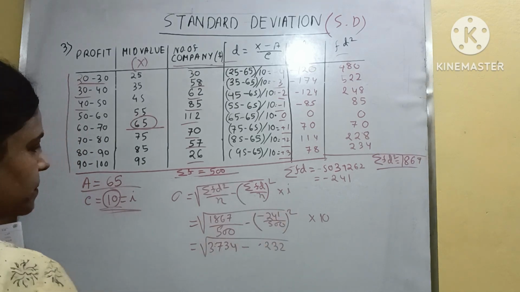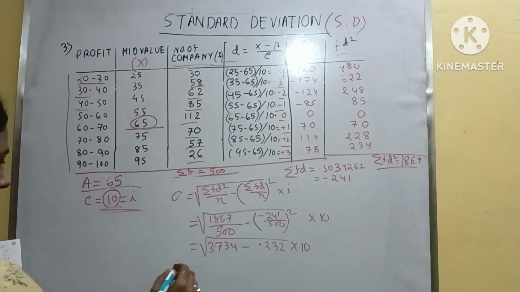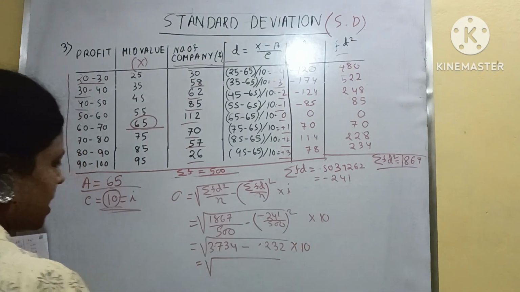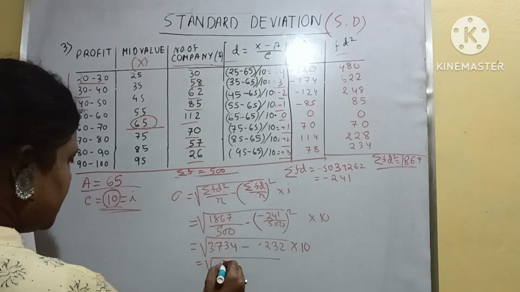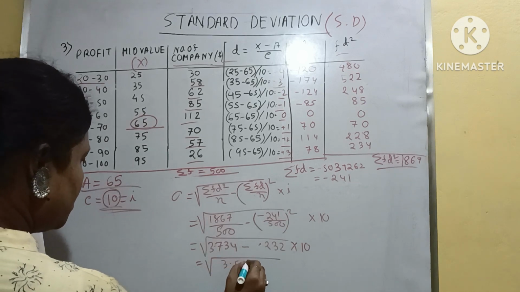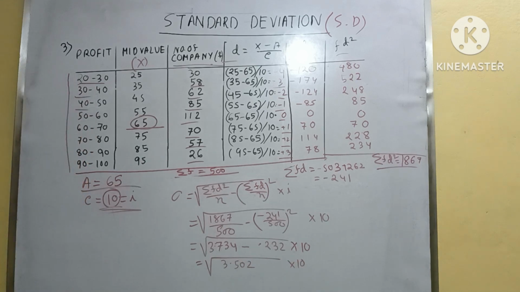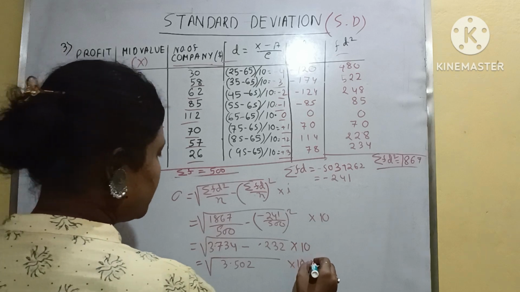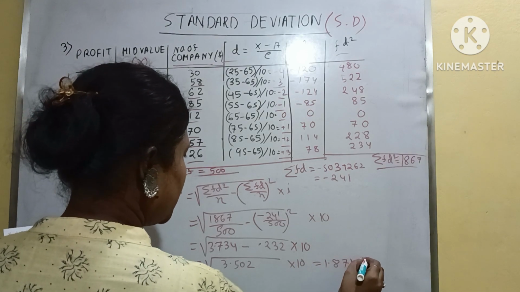And now into 10. So just after subtracting this, you will get the value 3.502 into 10. So squaring 3.502, the answer becomes 1.871 into 10.